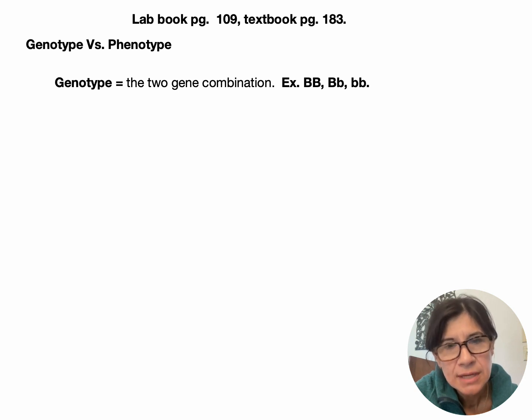The letters represent the genes and the alleles that they come in. So for example, the example we just gave before about the eye color, you could have a genotype of big B, big B, which means you inherited brown-eyed alleles from each parent.